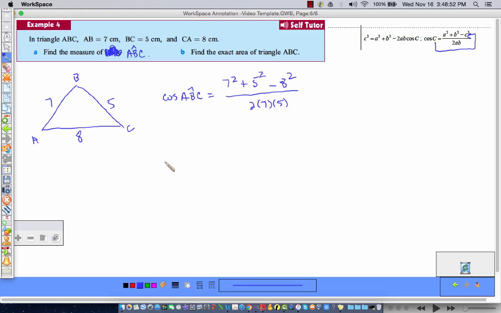If it really bothers you, you can change the letters of your triangle to PQR. You just got to be very careful and manipulate it so it works out, so that's the angle that you're looking for. Okay, so angle ABC is going to equal the arc cosine or inverse cosine of 7 squared plus 5 squared minus 8 squared all over 2 times 7 times 5 right there.